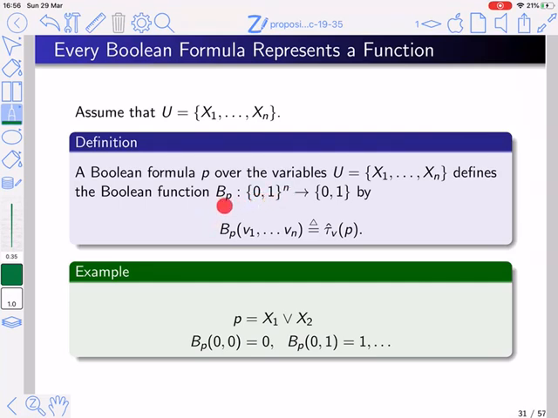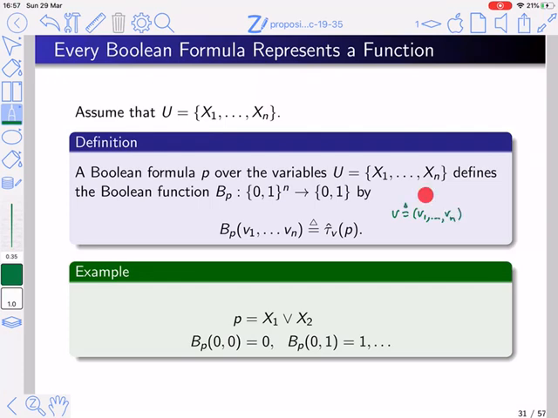Okay, what is the definition of b sub P? b sub P for the set of binary bits v1 up to vn is the extension of the truth assignment tau sub v, where v, I remind you, is the vector v1 up to vn.